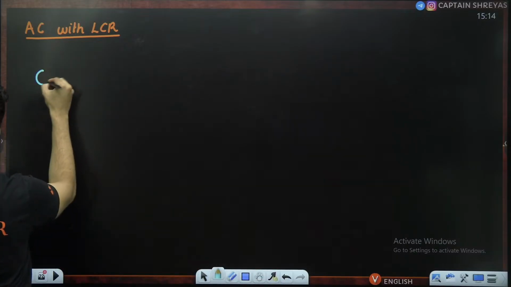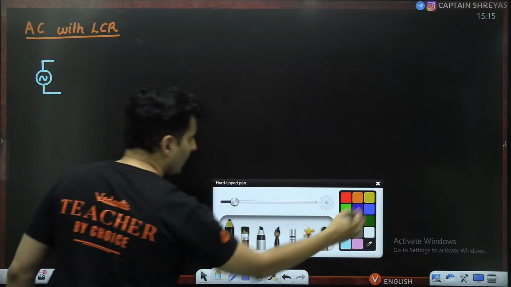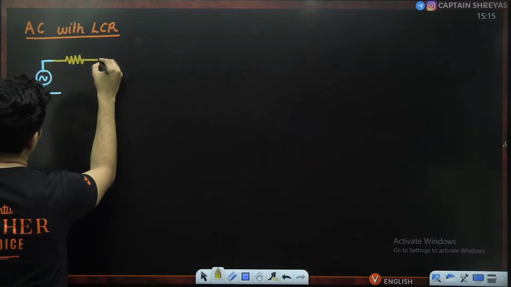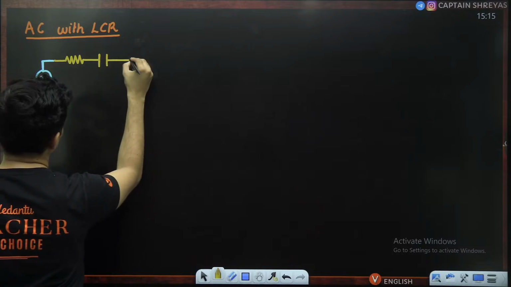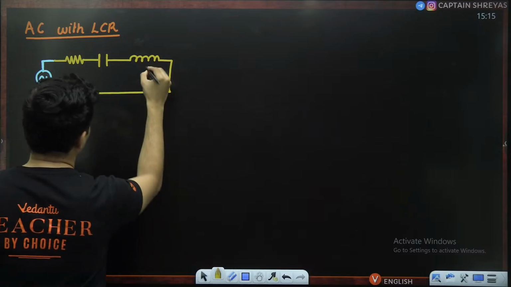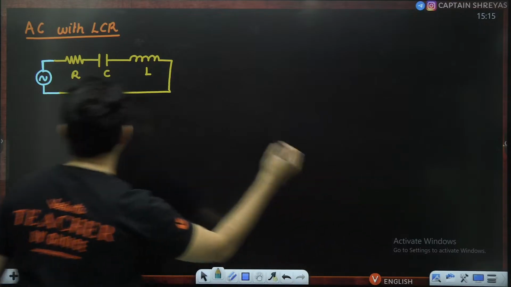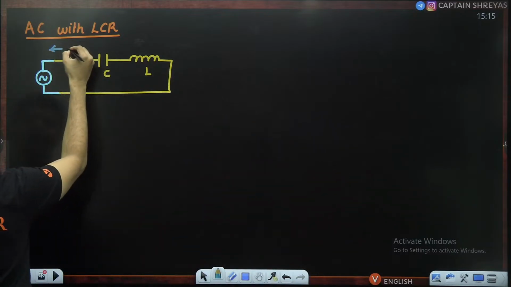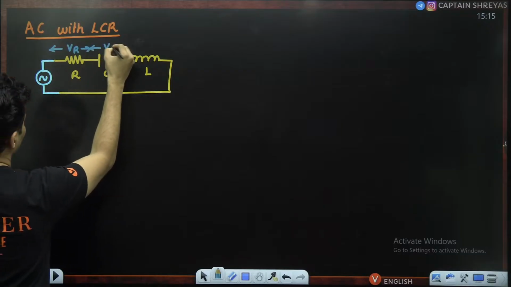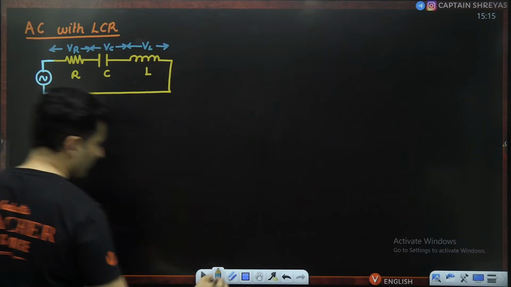So let's say we have an AC source like this, and then we have a resistor, then maybe a capacitor, then maybe an inductor, something like this. What happens is you measure the voltage across the resistor, the voltage across the capacitor, the voltage across the inductor like this.